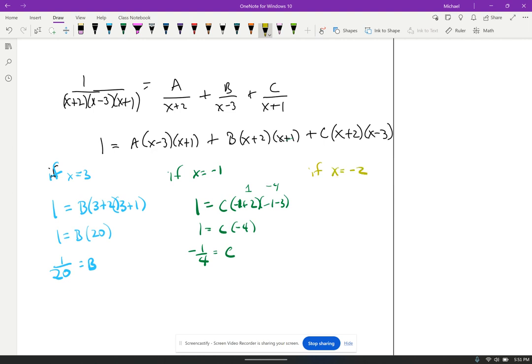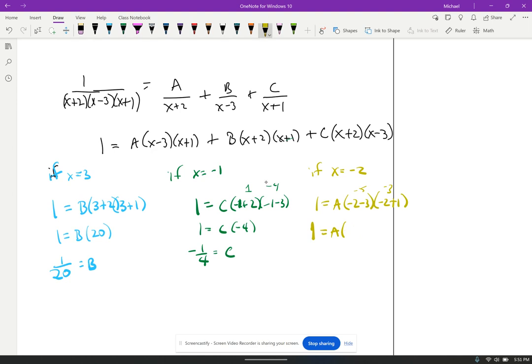And then what if x equals negative 2? Well, 1 is still there. A times negative 2 minus 3 times negative 2 plus 1. But when I substitute negative 2 in here, this is going to become 0, and 0 times everything is going to zero that out. Negative 2 plus 2 is 0, and that's going to zero that out. So this is all I'm left with. 1 equals negative 5 times... Negative 5 times negative 3, so that's 15.